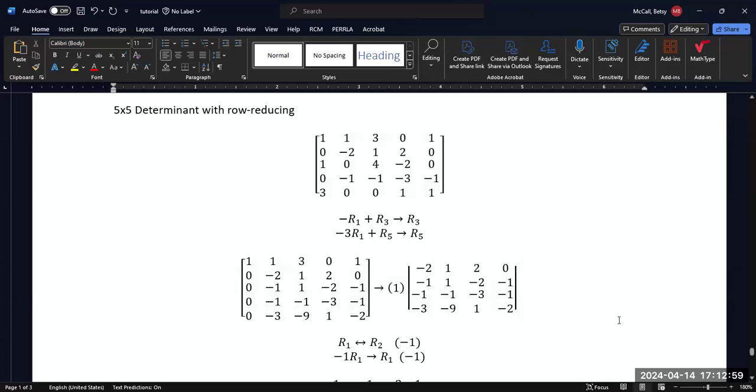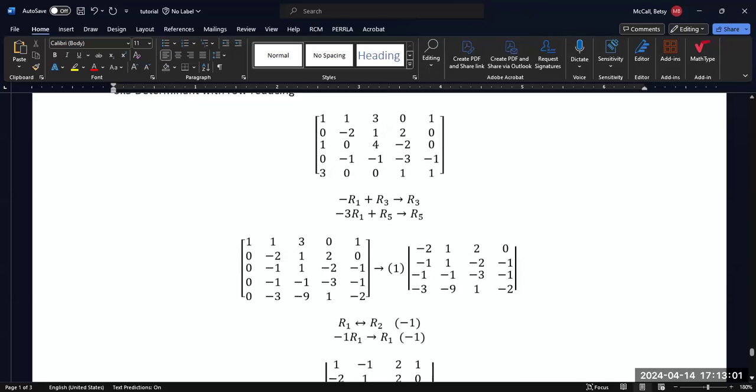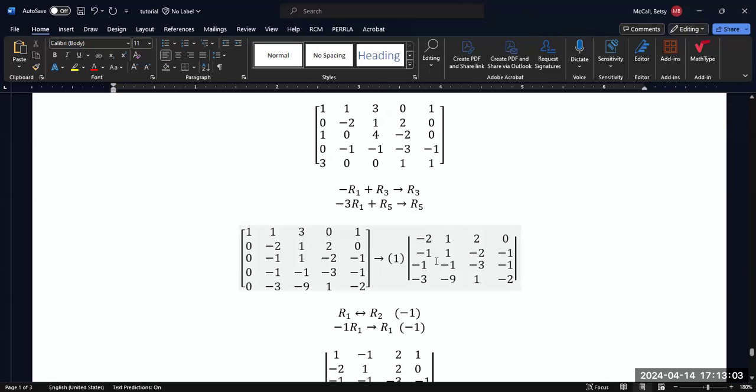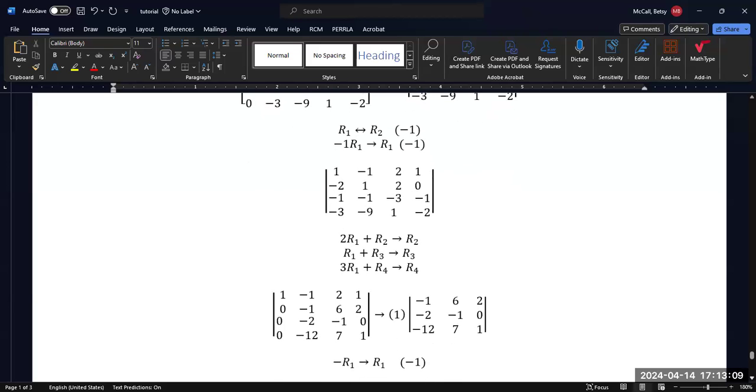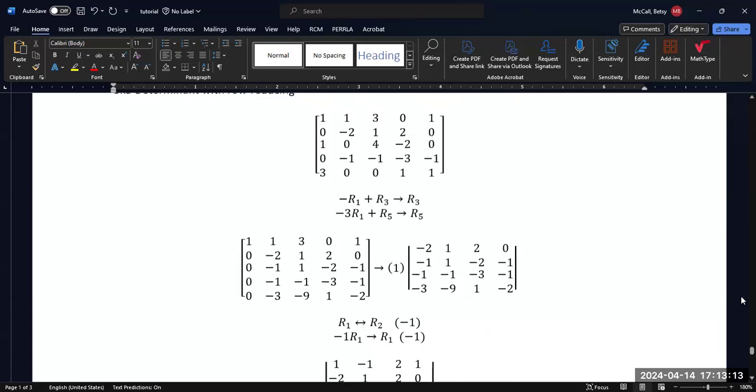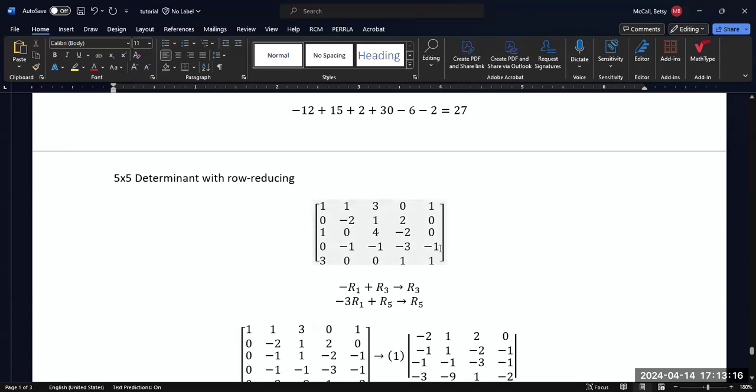But instead, by doing row operations, I was able to just reduce this to a single 4x4, and then a single 3x3, and then a single 2x2. Whereas if I had done it from up here, I would get three 4x4s. And then again, depending on where the zeros were, I could get as many as four 3x3s from each of those.